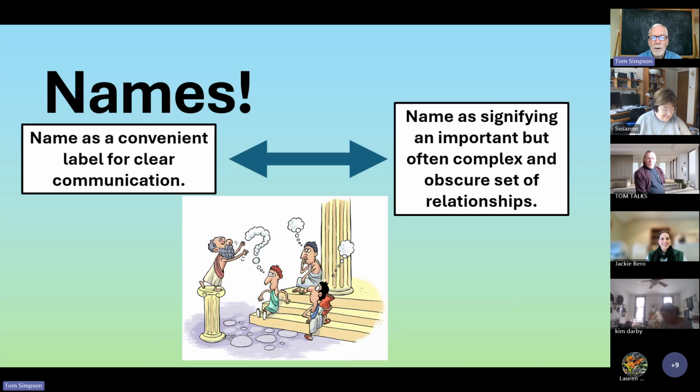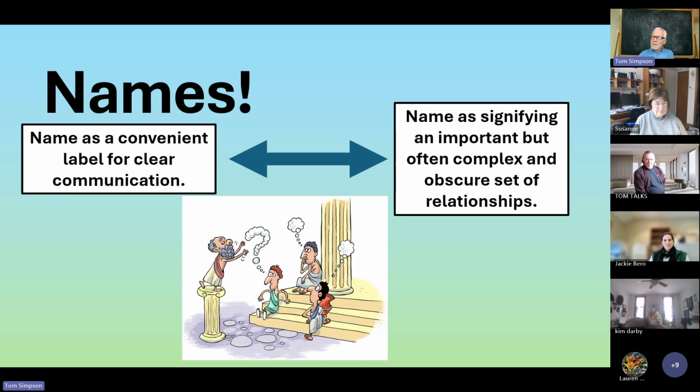But we have to understand that names in the way we normally use them in life, like my name or your name, stay stable because most of us want to be recognized by people that know us, and so we keep the same name. It's a convenient label for clear communication, you know.